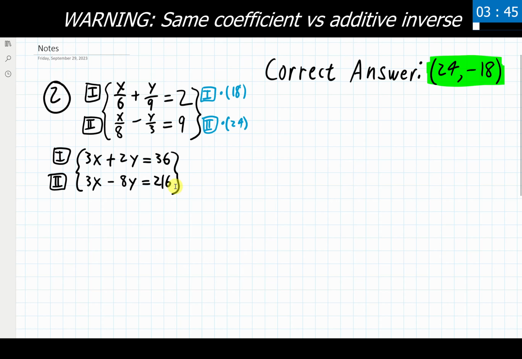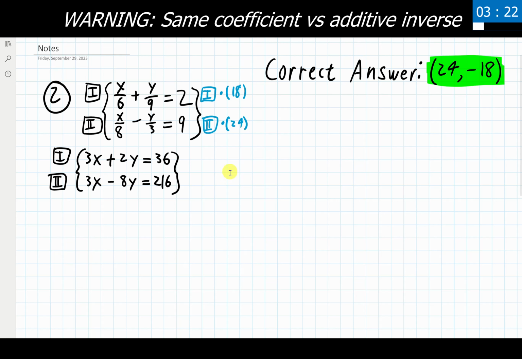Now there's nothing wrong with this, but I do want to show and highlight how easy it is for an error to show up with this, and it screws up a lot of people when they're going through these problems. So, we followed the exact same process we did with our second example. We notice that the x's have the exact same coefficients in front of them.